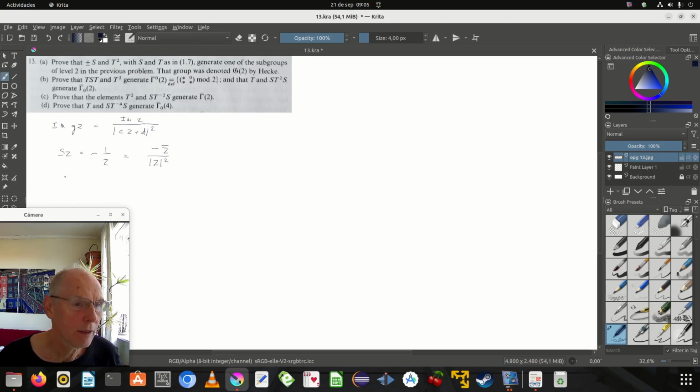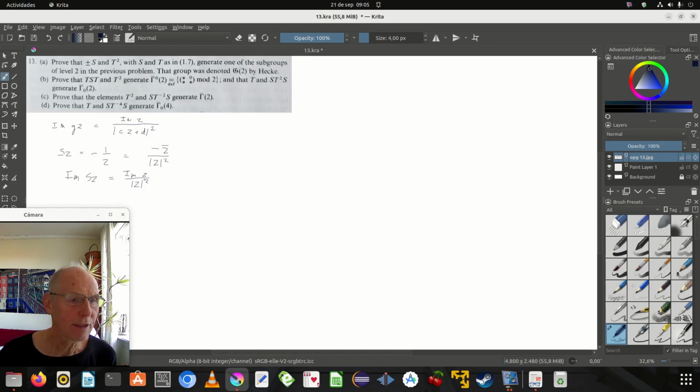And then the imaginary part of S applied to Z equals the imaginary part of Z divided by the modulus of Z squared.